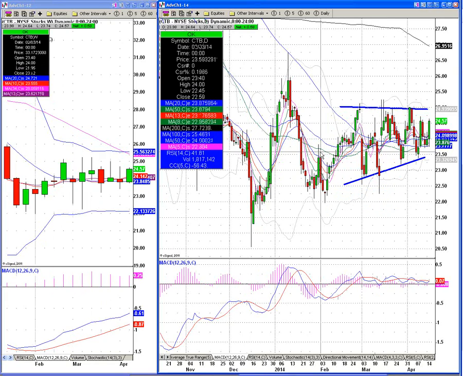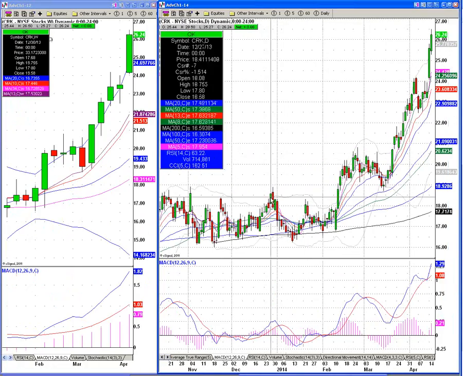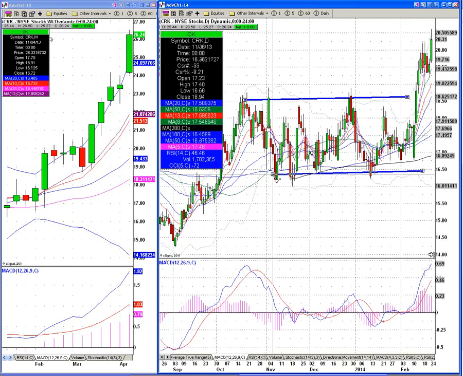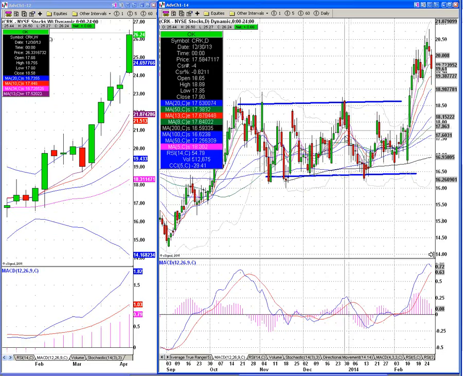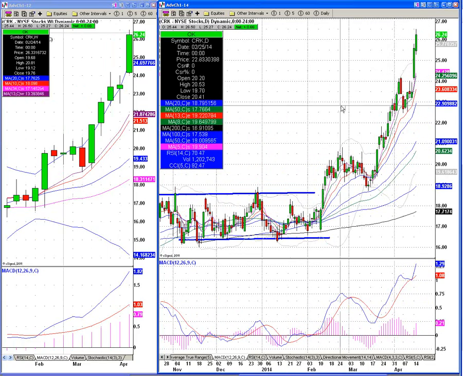Some prior examples of these tight consolidations, I believe we had CRK was one of them. Back during this time here, it was one of these momentum plays, a tight consolidation for multiple weeks, and you can see it broke out real nice.